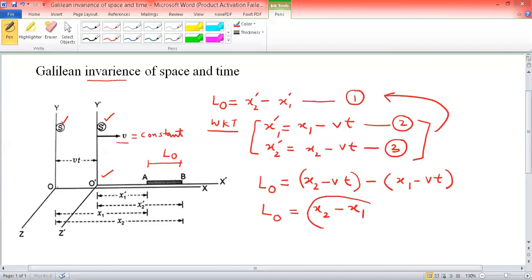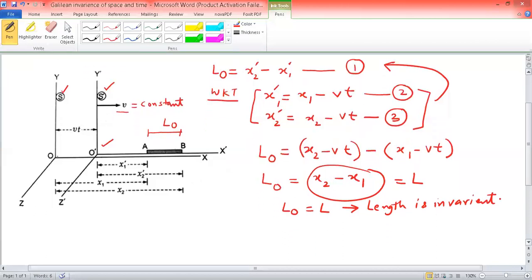If I denote x2 minus x1 as L, then L naught becomes equal to L. This suggests that the length of the rod remains invariant. So please remember that the length of a rod does not change with a change in the frames of reference. So the Galilean transformation of space is always invariant.